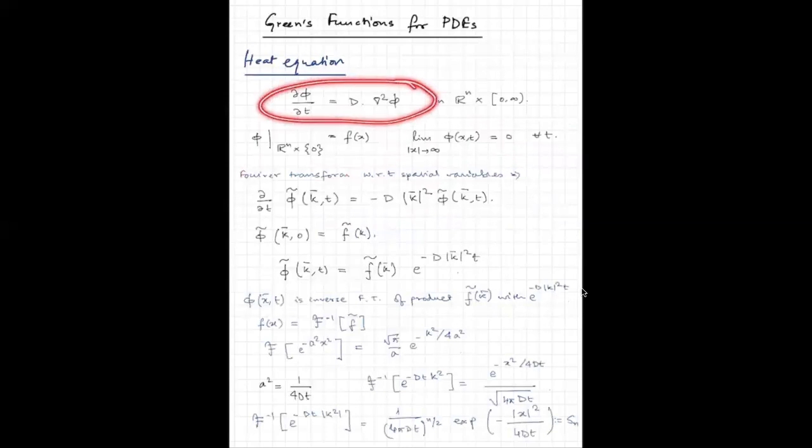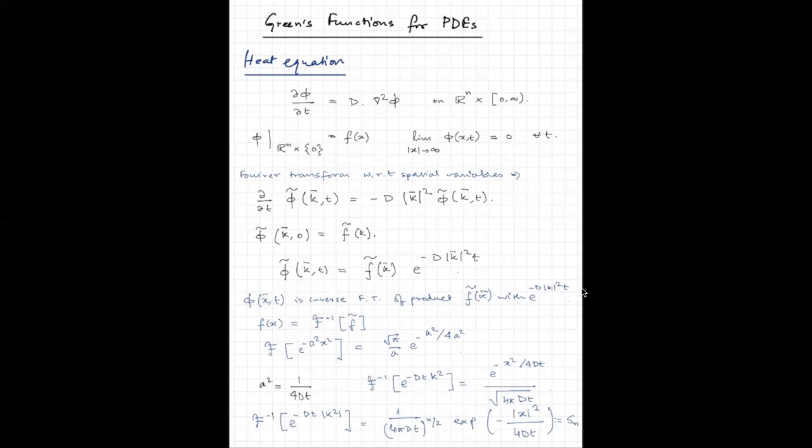You have a single derivative in time and a double derivative in space, so clearly space and time are not on the same footing. So you don't really have a speed of light. This is, if you wish, a non-relativistic system, and in that case any sort of bounding speed is infinity. So instantaneous propagation is something that you can have.